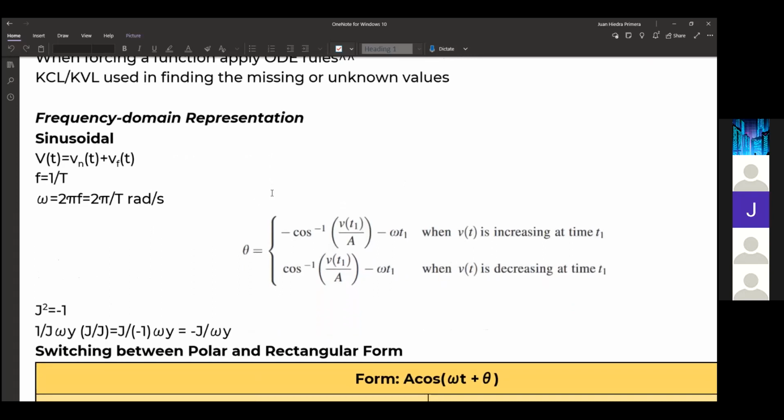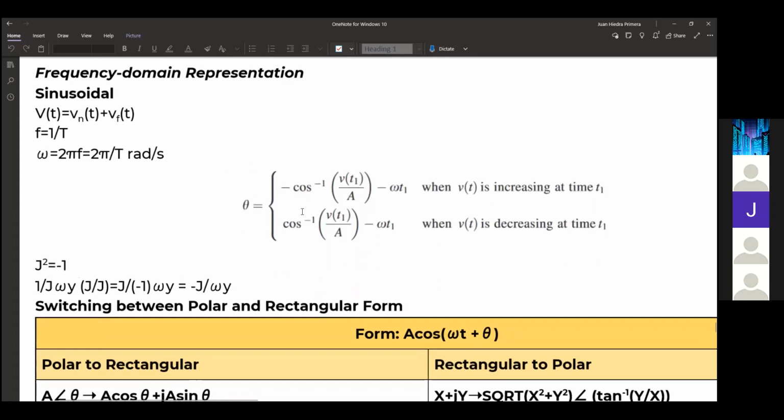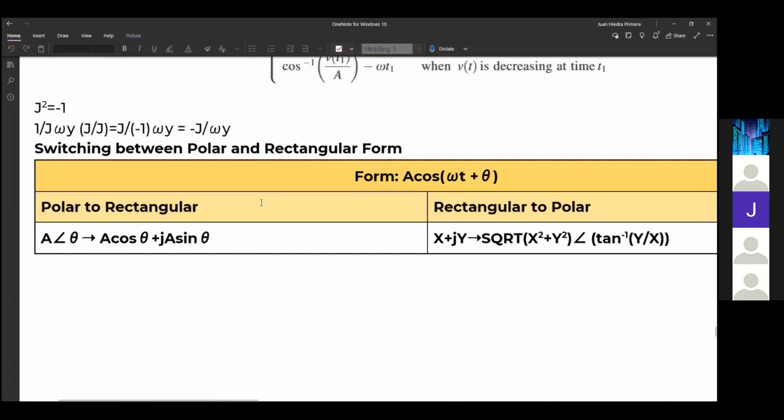So in the frequency domain, or sinusoidal functions, you have your cosine function that is, for example, voltage equals the cosine of a period.